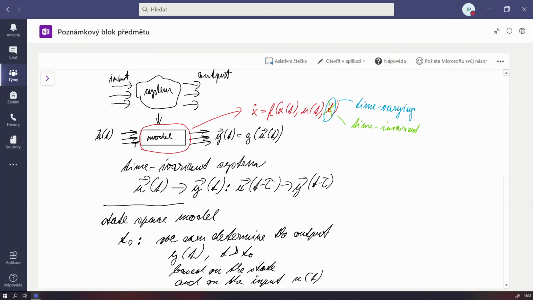And this is a general discipline, which can also be applied to discrete event systems.